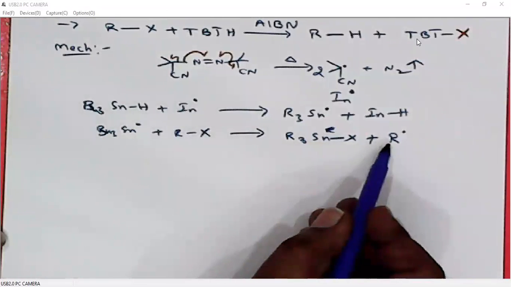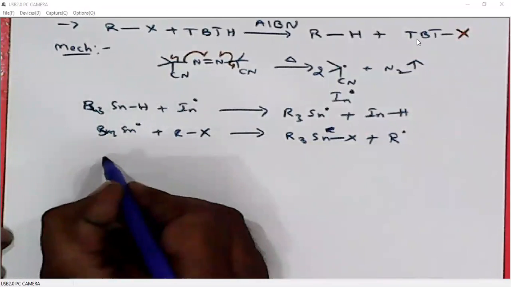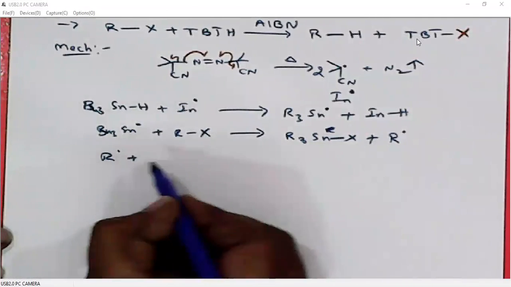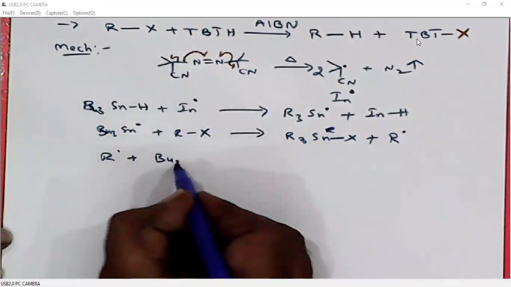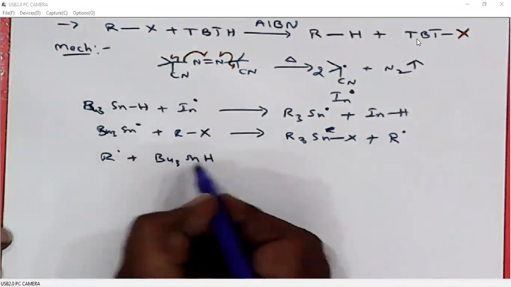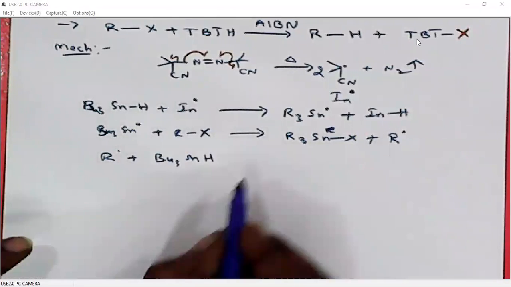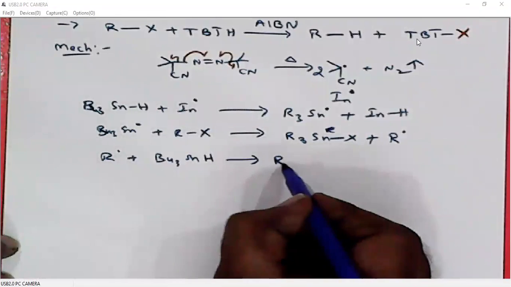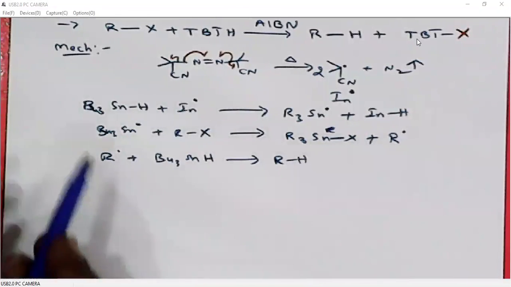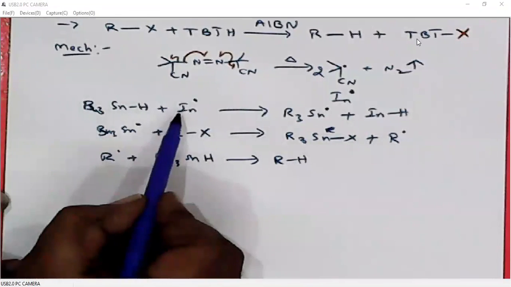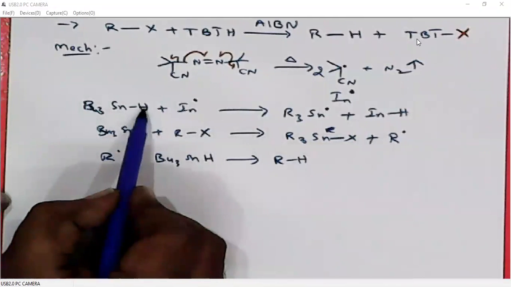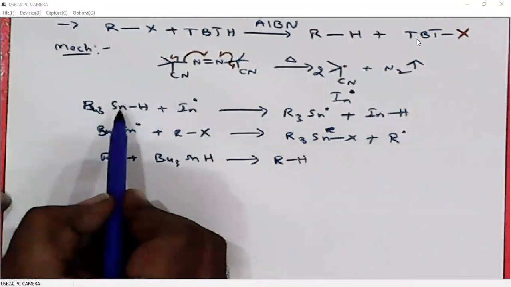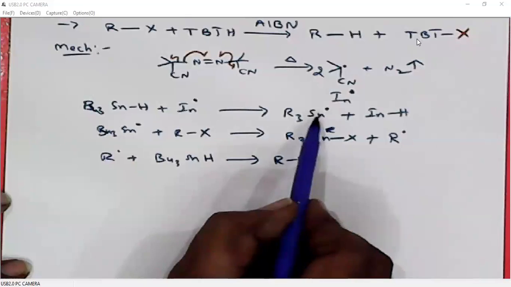After generating the alkyl radical, the alkyl radical now takes the hydrogen radical from TBTH. See, from this step, the initiator picked up the hydrogen radical from TBTH. So tin radical is generated.